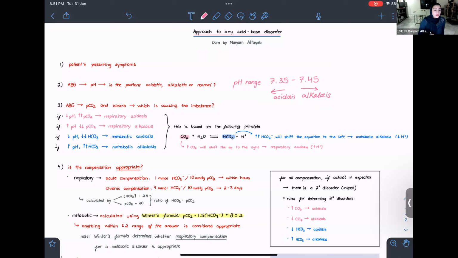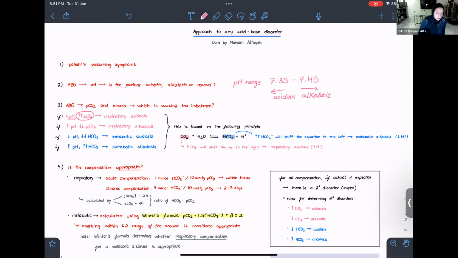Okay, if pH is low, but bicarb is very high, then what's happening? My bad, sorry. I meant pH is low and PCO2 is high. My apologies. So if you have a lot of carbon dioxide in the blood, that's going to create a lot of carbonic acid.